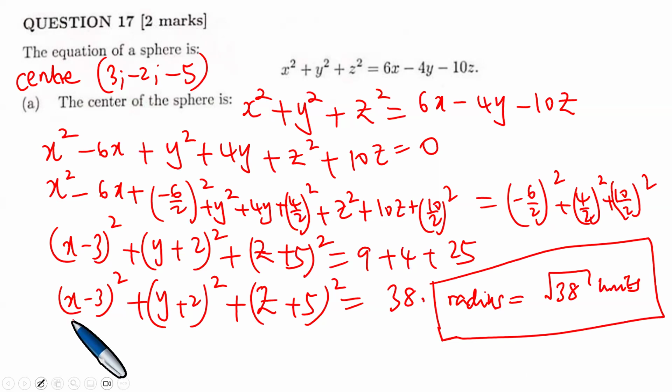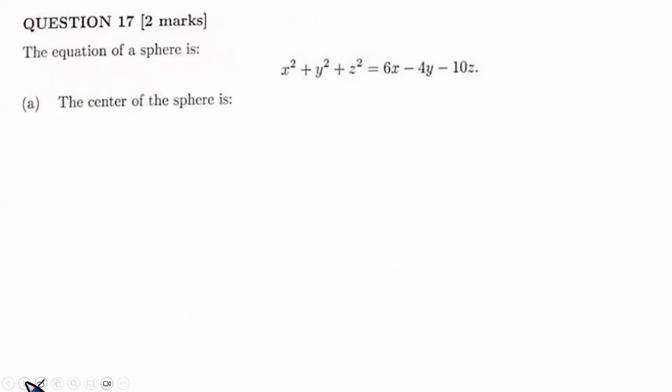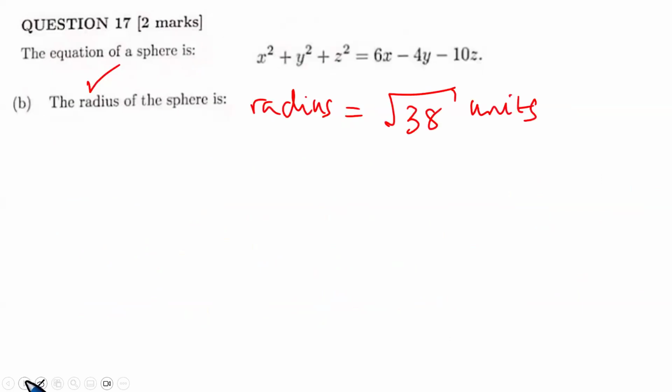And this here becomes the radius. And we move forward.